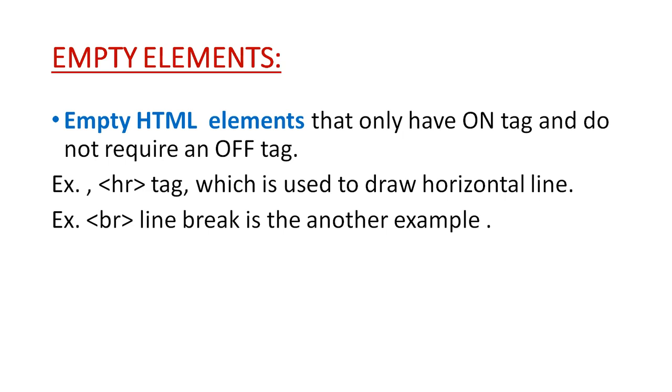For example, the HR tag, which is used to draw a horizontal line, and the BR line break tag are other examples of empty tags that do not require an off tag.